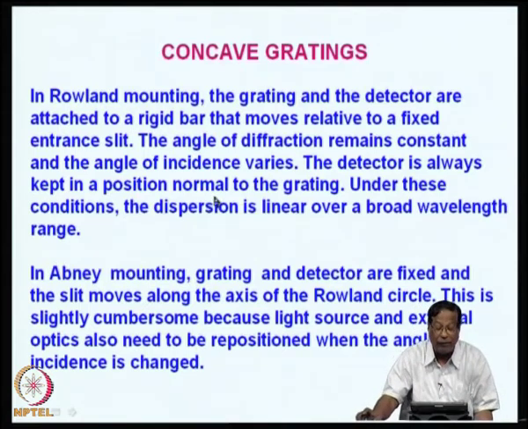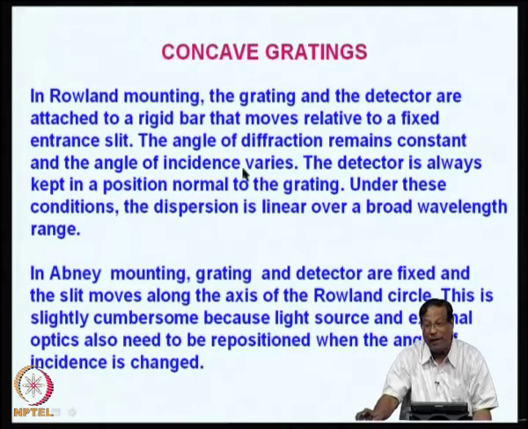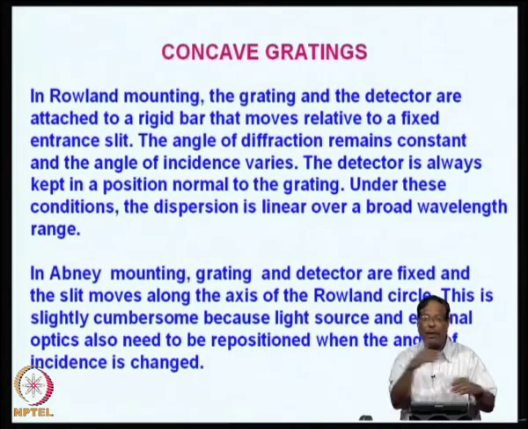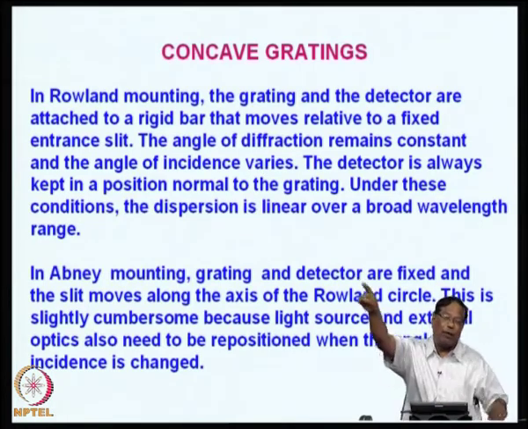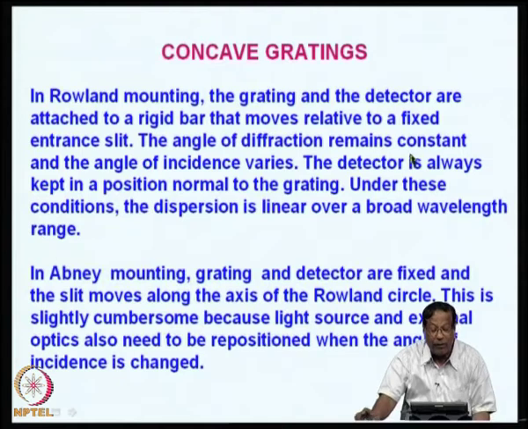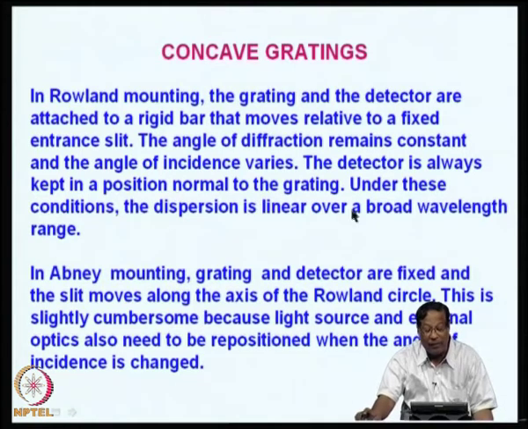The angle of diffraction remains constant, and the angle of incidence we can vary. That means we have to have two slits in the ROWLAND circle, one for the incoming radiation, another for the separated radiation to be taken to a detector. Now, under these conditions, the dispersion is linear over a broad wavelength range.